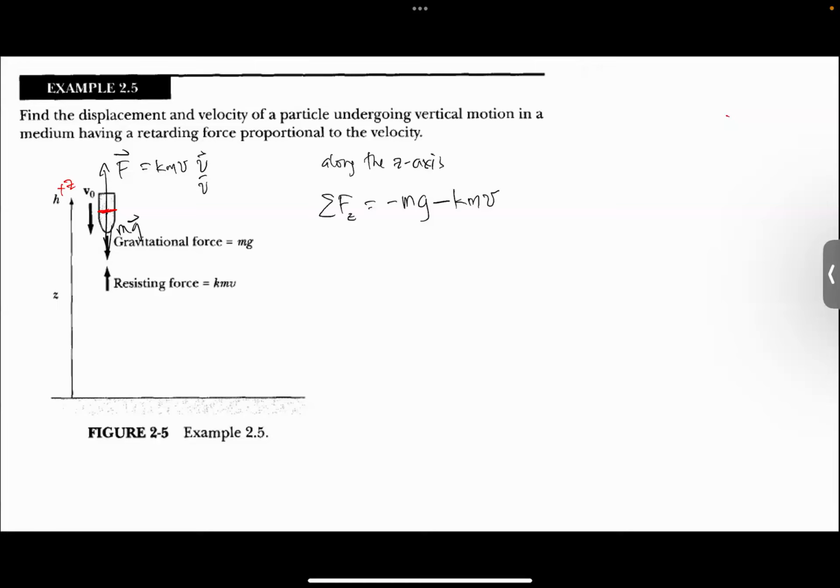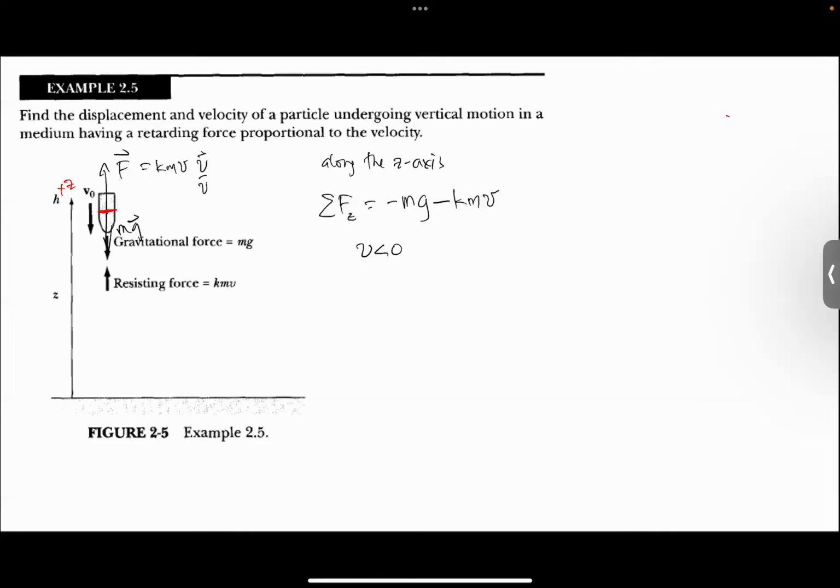You can write a solution na kung saan yan ay positive kmv instead. Okay, but yung interpretation will be slightly different. So, ang idea lang dito is that the velocity is downward. Okay, mathematically, ang ibig sabihin nun, ang velocity is negative.